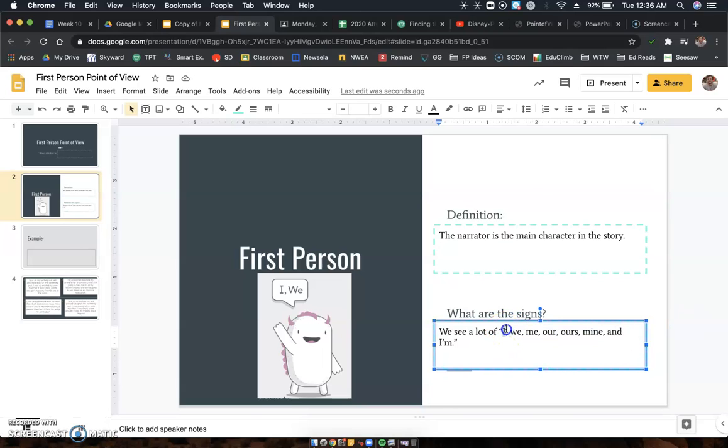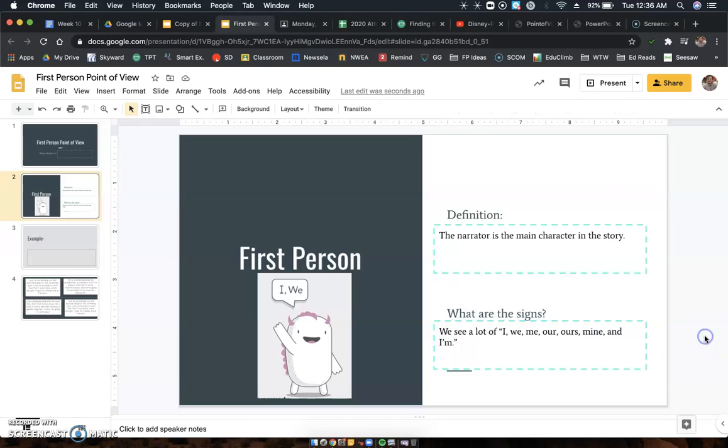I put a little picture here to show you. This person is in first person perspective. They're raising their hand. They are the main character. They are the narrator. I and we are very important, but we have other ones as well.